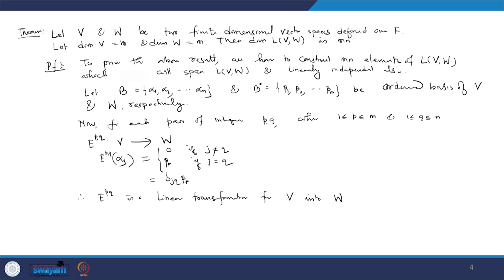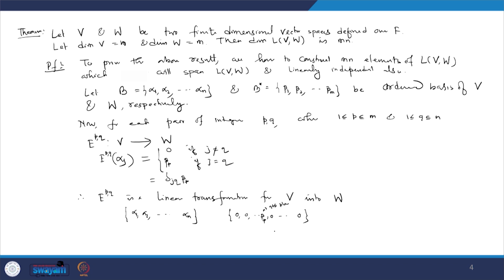So, if I consider the set alpha 1, alpha 2, ..., alpha n, this is the ordered basis B, and the other set is 0, 0, ..., beta p at the qth place, then 0 and 0.